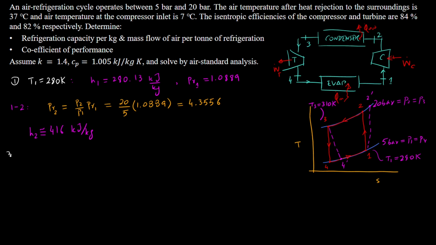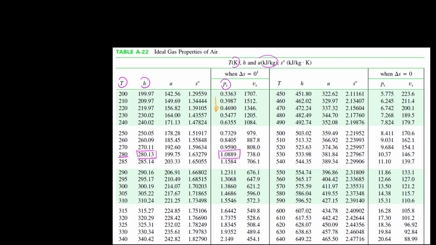And now for state 3, so we've got state 2 over here, and for state 3 we've got, again, temperature given to us, which is T3 equals 310 Kelvin. And now we do the same thing. We go over here and across 310 kelvins, we look at the enthalpy and we look at the value for PR.